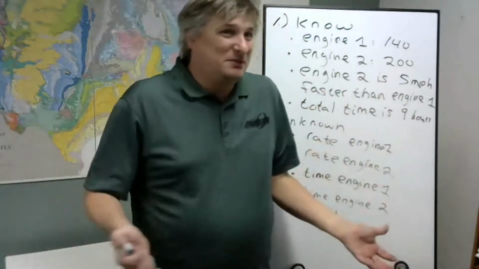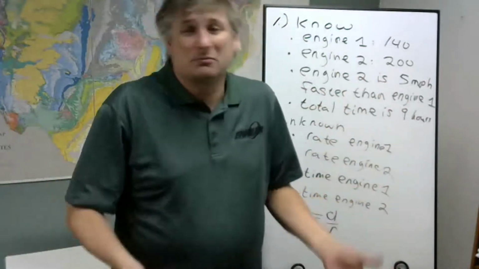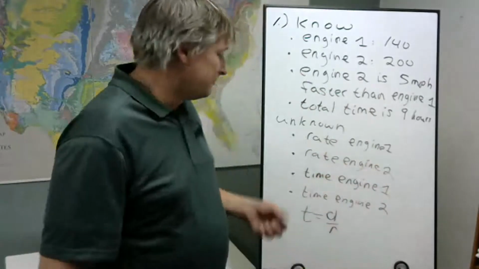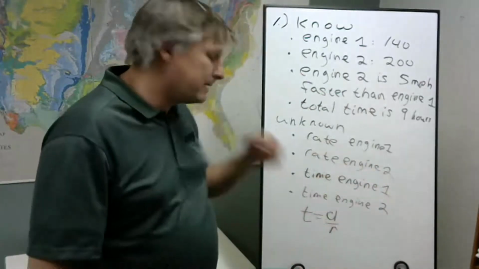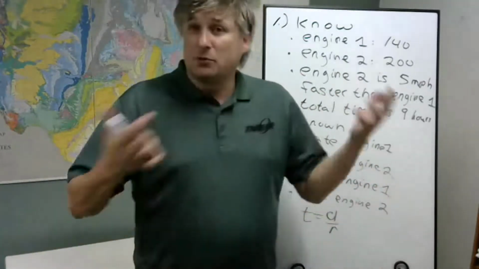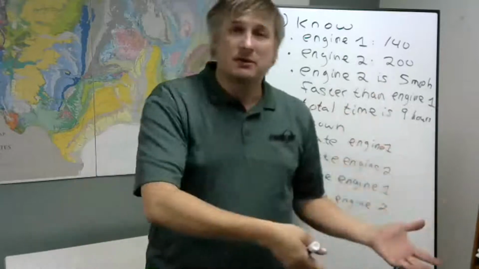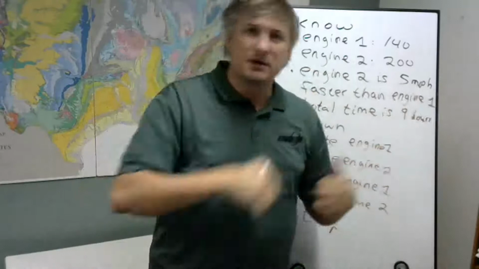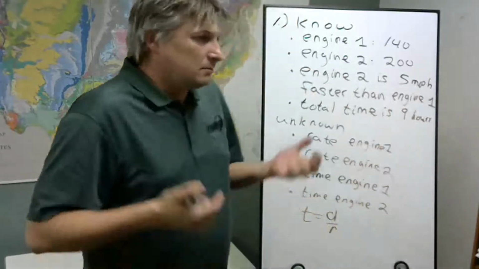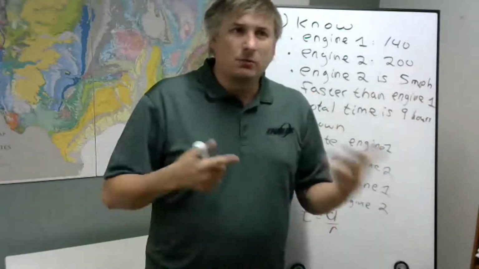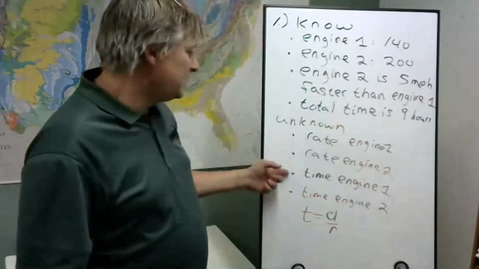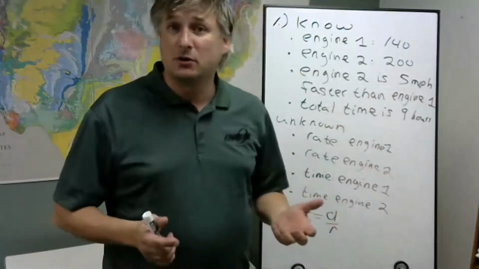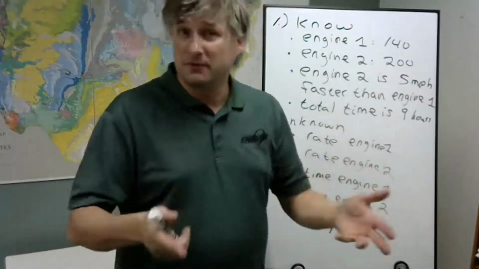So everything ultimately is depending on knowing the rate for engine 1. If we know the rate for engine 1, we'll get the time for engine 1, and we automatically know the rate for engine 2. And then from the rate for engine 2, we get the time for engine 2. So the rate for engine 1 is what we're all depending on. This is what we're going to make as our unknown variable.